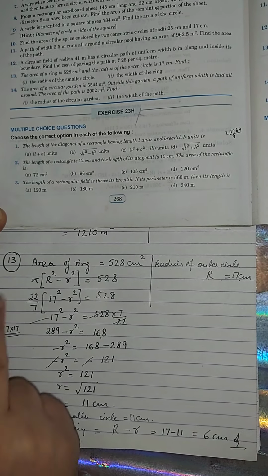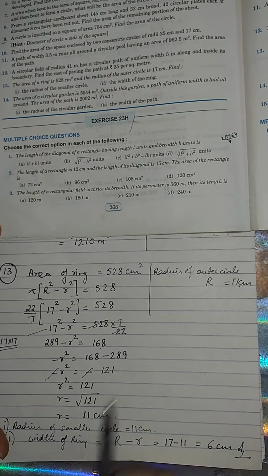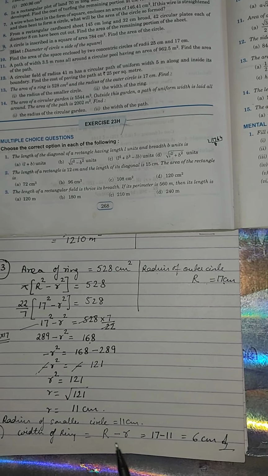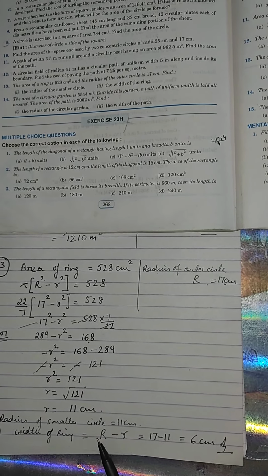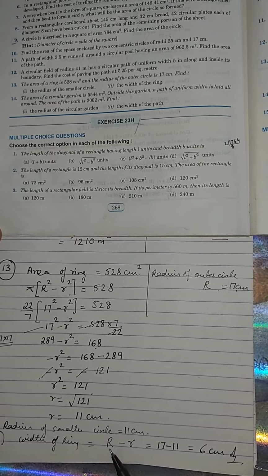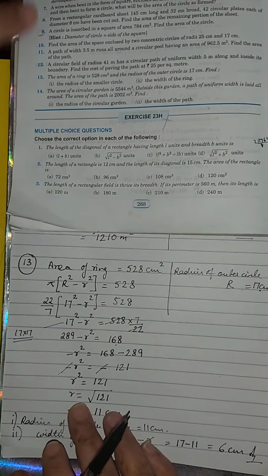So like this you have to solve. जब आपको width find करनी है, so like you have area of the ring will be given to you. So first you have to find the small or capital R, and after that width of the ring you have to find it by subtracting both the r's. तो capital R हमेशा बड़ा होता है, तो capital R minus small r.